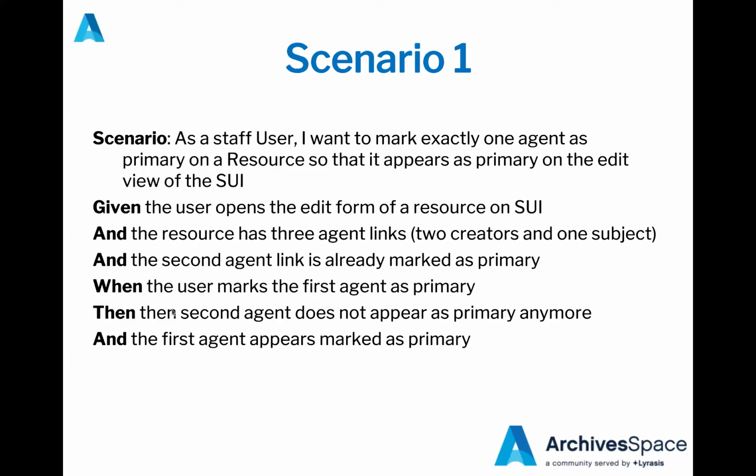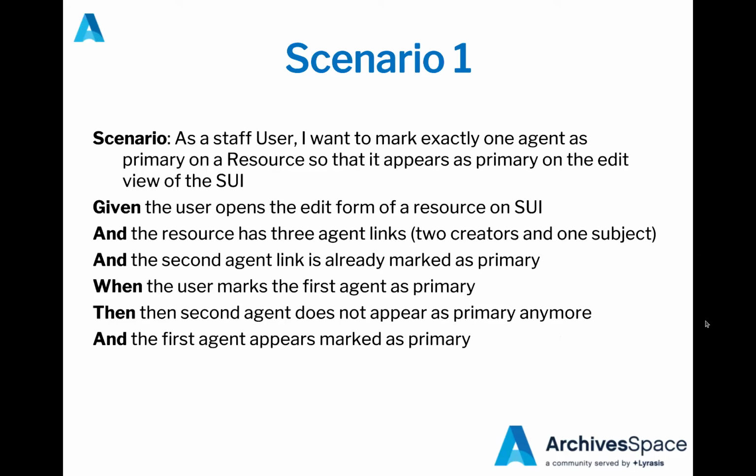Then this when describes the relevant action of the user, and then comes the expected response of the ArchivesSpace system. So this scenario is very concrete, describes a very specific case of a resource with 3 agents, etc., and not trying to be an abstract generic description of the feature.